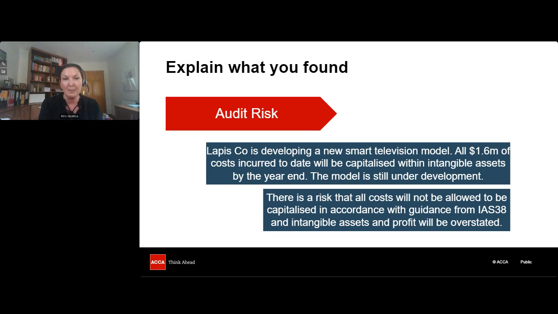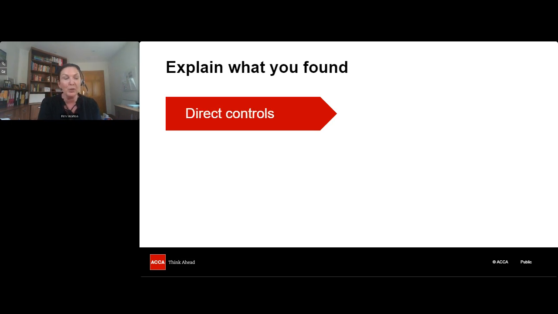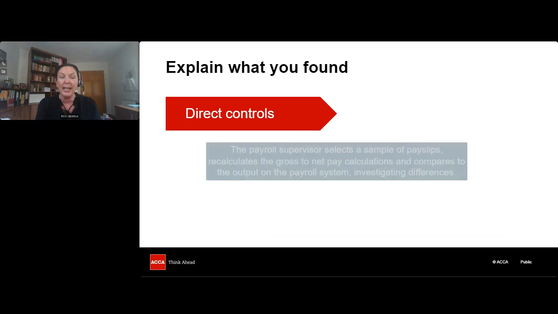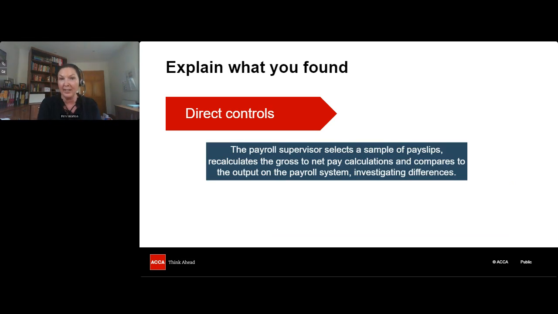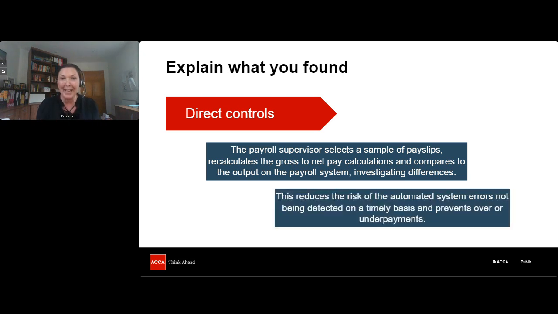The same goes for your direct controls as well. In the example in the sample paper, one of the things that came up in direct controls was that the payroll supervisor selects a sample of payslips, recalculates the gross pay and calculation, so they're making sure the accuracy is there, and they investigate any differences. You need to explain why that is.